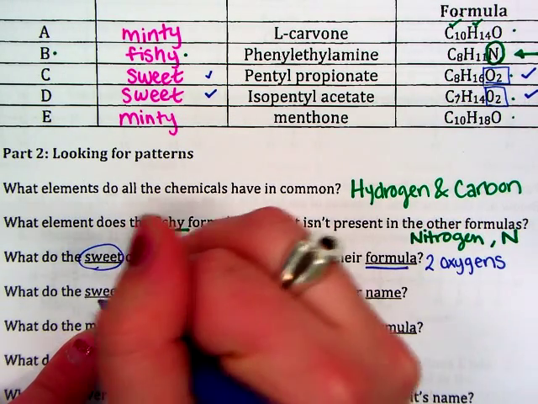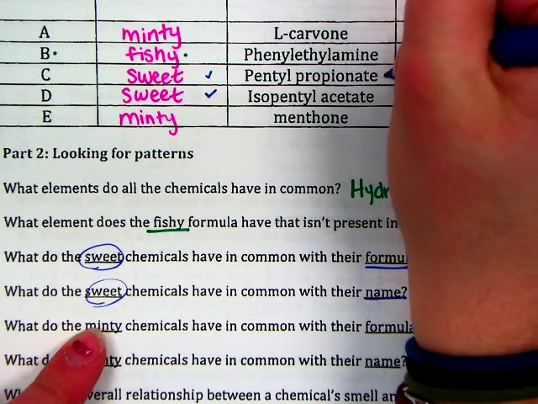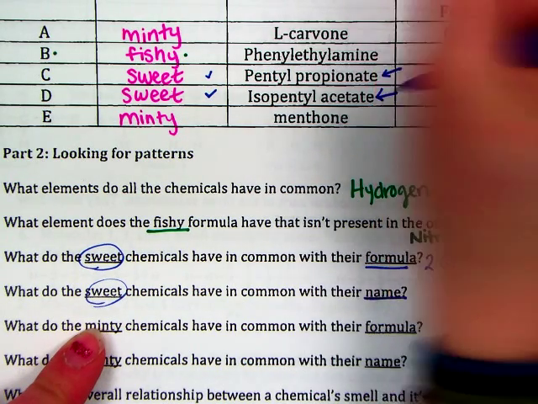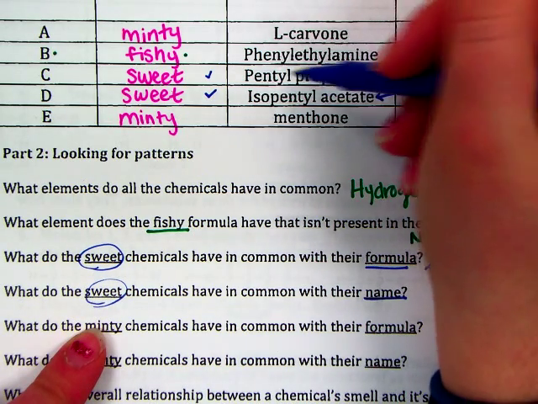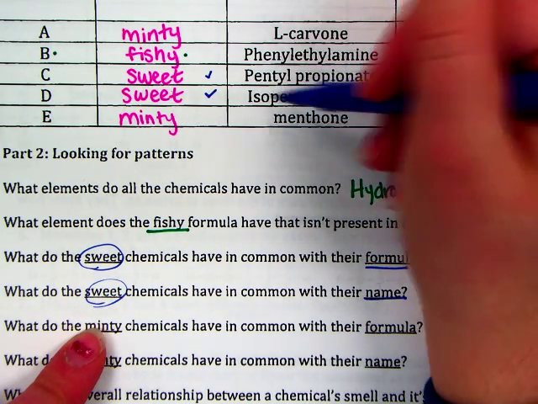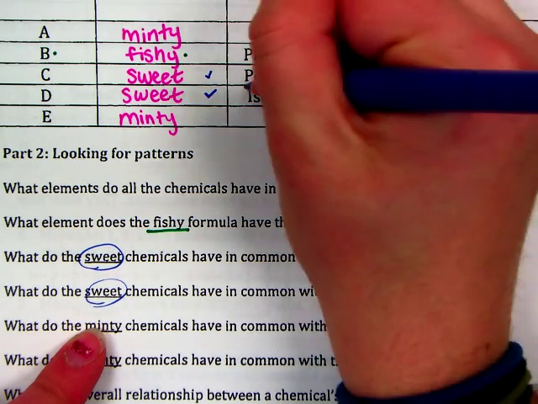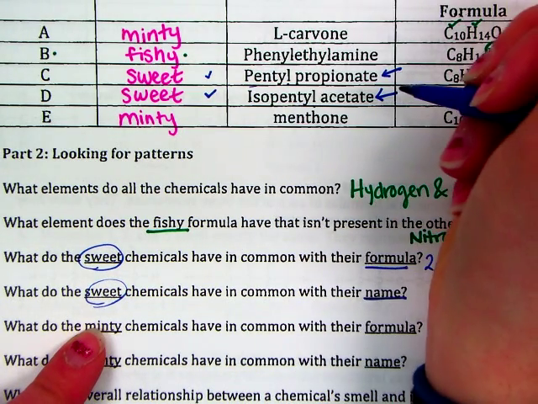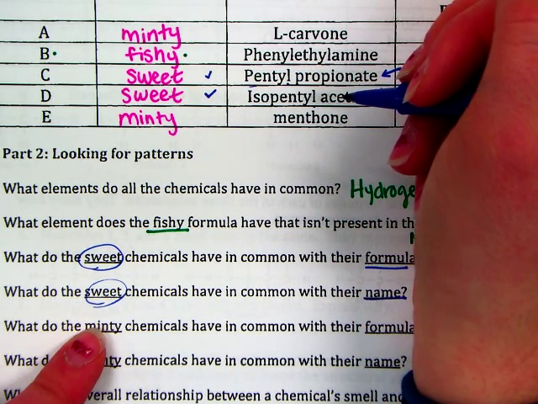Now, what do sweet chemicals have in common with their names? Looking at the names of the 2 sweet chemicals, pentyl propanoate and isopentyl acetate. Both do have this pentyl in the name. However, that is not always going to be true for all sweet-smelling vials.